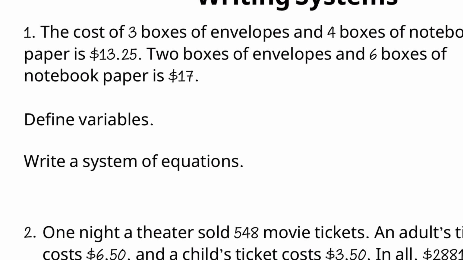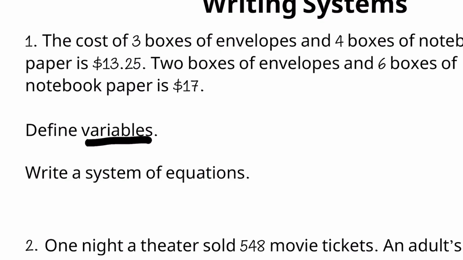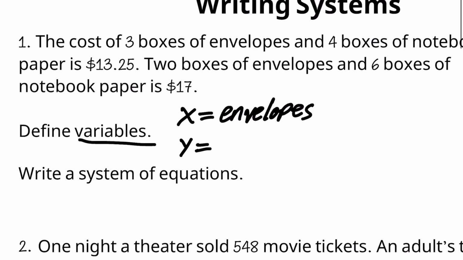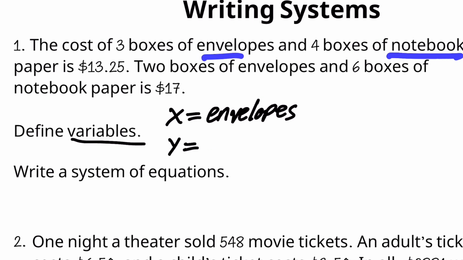The very first thing that I want to recognize is that there are two items that we are going to be talking about. X can represent one of my items, Y can represent my second. The first item we are talking about is envelopes. And the second item is notebook paper.